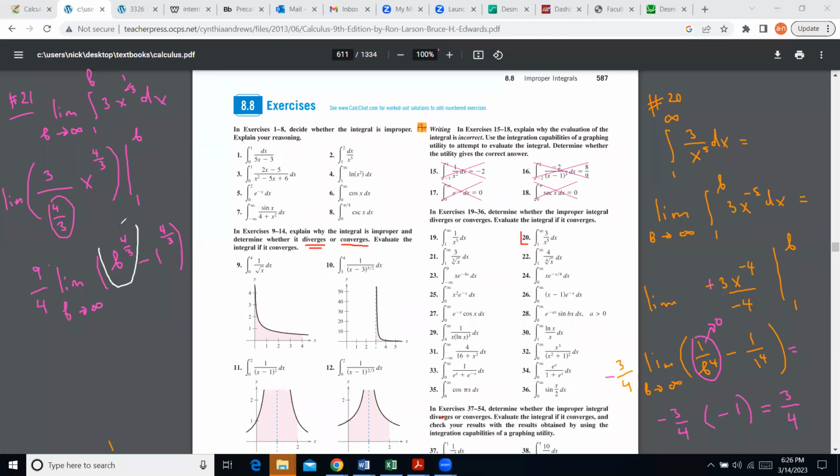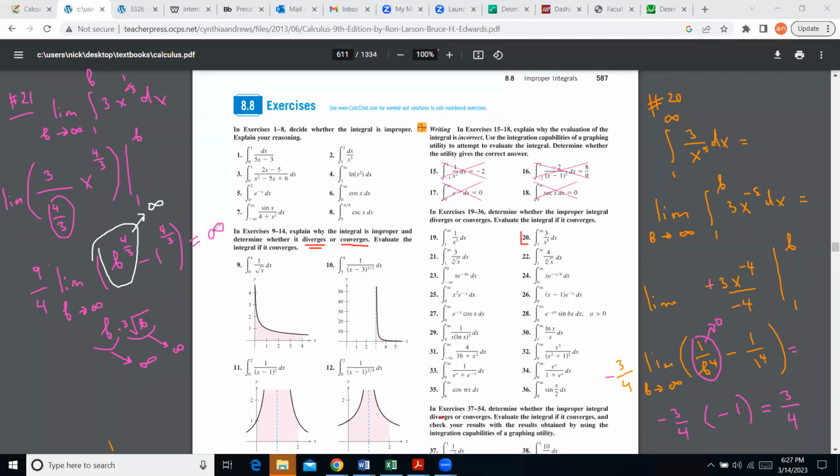The bigger is b, the bigger is b to the power of 4/3. How do you know that? Well, you can think of it as b times b to the 1/3, which is the cube root of b. So you already see that this goes to infinity, because b approaches infinity, times something that also goes to infinity. So it is indeed infinite.